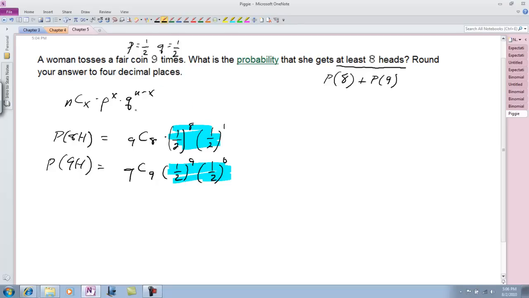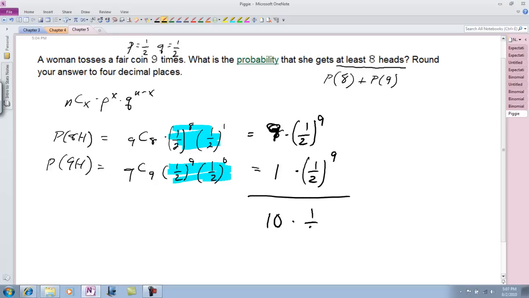Well, these two numbers are super easy because we know 9 choose 9 is 1. So we basically have 1/2 to the 9th times 1. And then 9 choose 8 is 9, I'm sorry. And that's also times 1/2 to the 9th. So basically you add those together and you have 10 times 1/2 to the 9th.